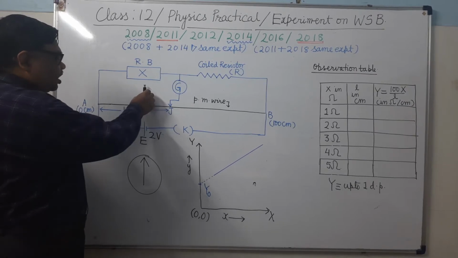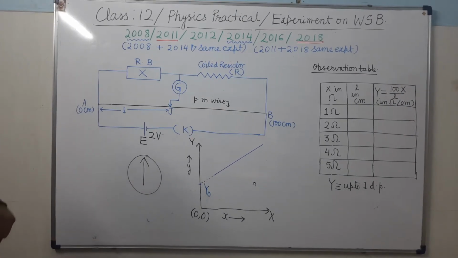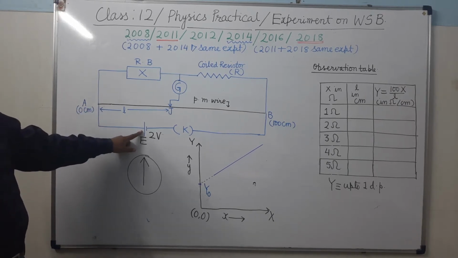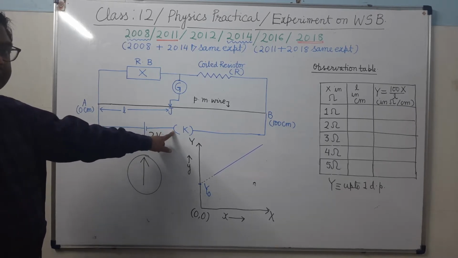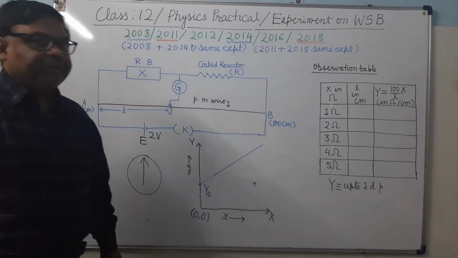Then the one wire which you have taken from here and connected to the eliminator's positive; from the eliminator's negative you connect to the key. From the other binding terminal of the key it is connected to B.